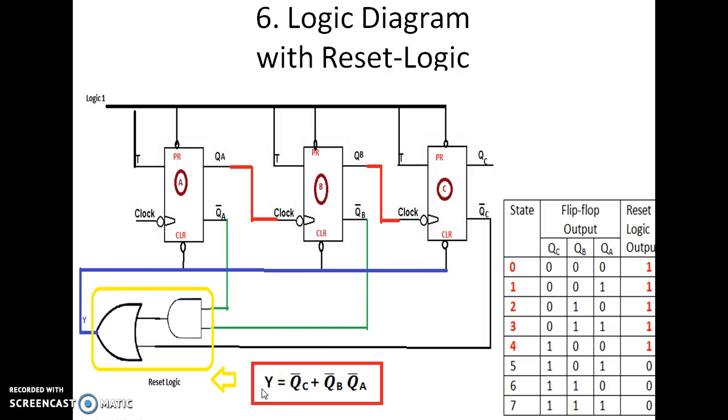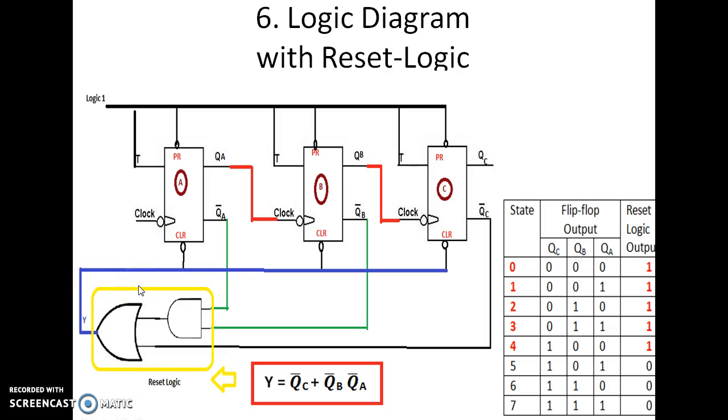Output Y is given to the clear pin of all the 3 flip-flops, so that whenever this condition arises, that is, it can be either 5, 6 or 7, the counter should automatically reset to the 0 state. So all the invalid states can be easily eliminated with the help of this reset logic.